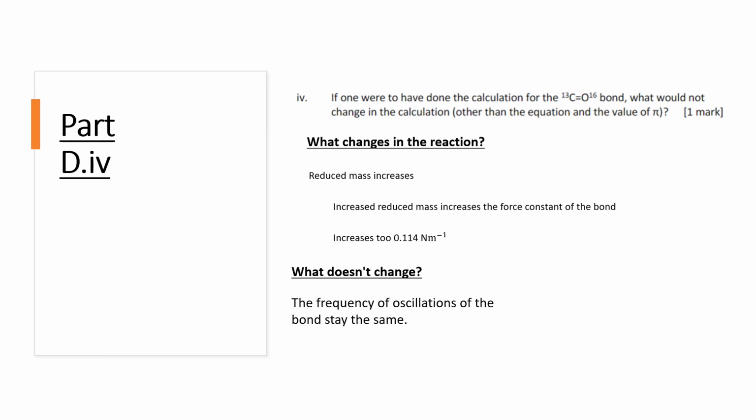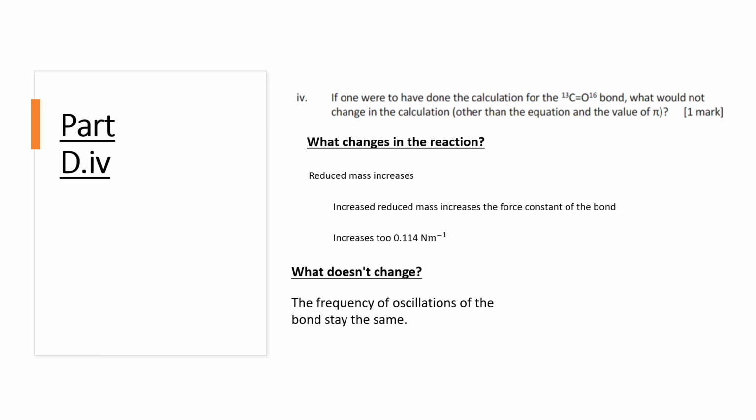Because carbon is heavier, using carbon-13, the reduced mass increases. This means that the increased reduced mass changes the force constant of the bond, which then increases to 0.114 newtons per meter, which isn't a very significant change. It is only off by a factor of 0.004, but it still is a change, so that is not the answer to this question.